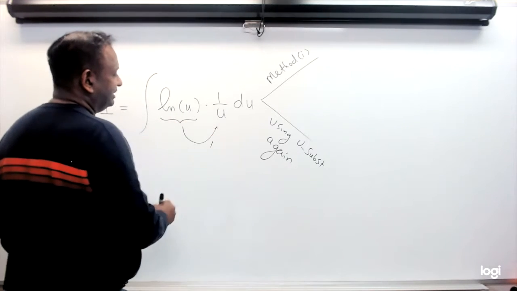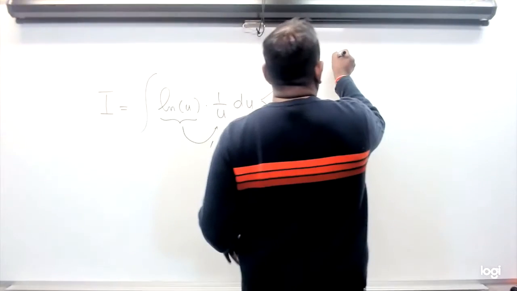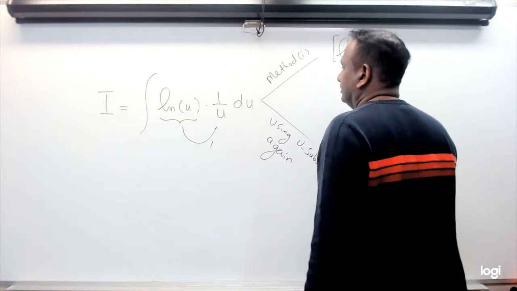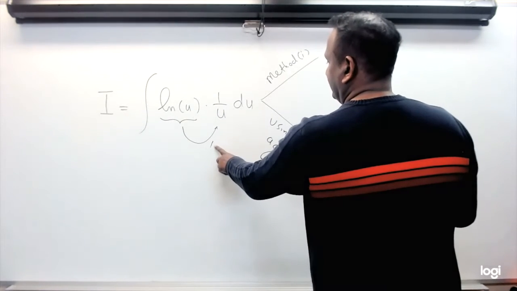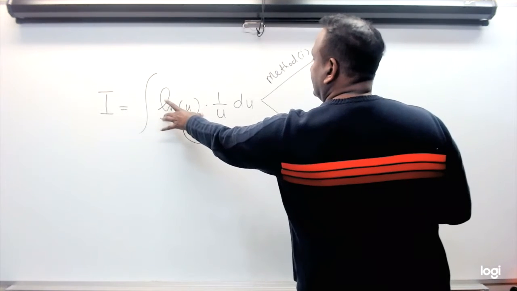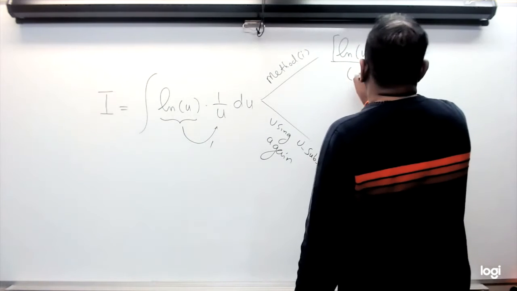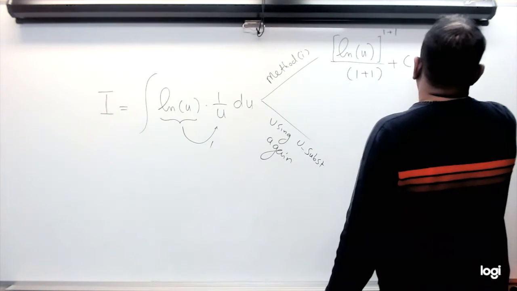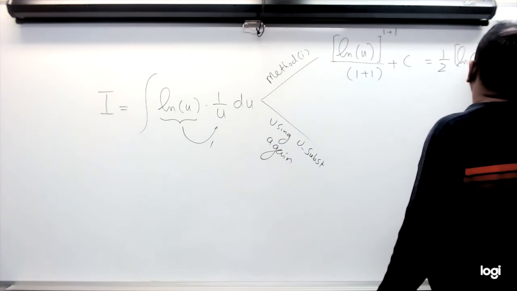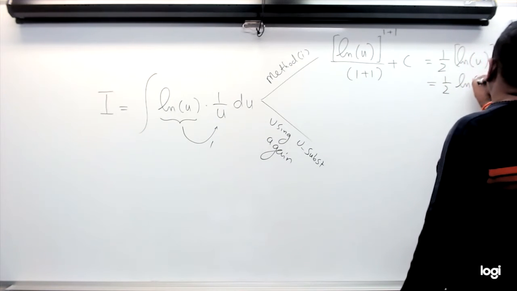It's 1 over u, it's already there. If that's the case, this is your g(x). g(x) should be raised to the power of, the derivative, ln u derivative is 1 over u, it's already there. We already have the power 1, you add another one, divide by 2, 1 plus 1, plus c. So it's nothing but ln u the second, plus c, and you can easily replace u with sine x.